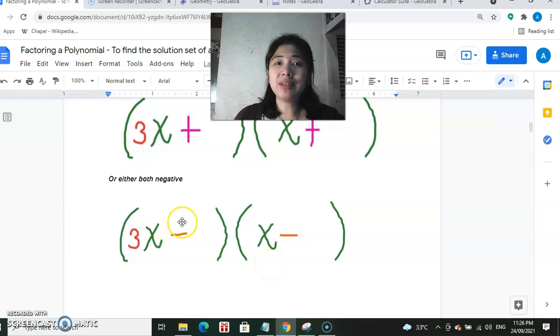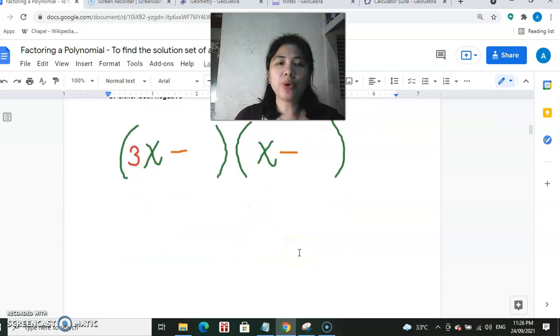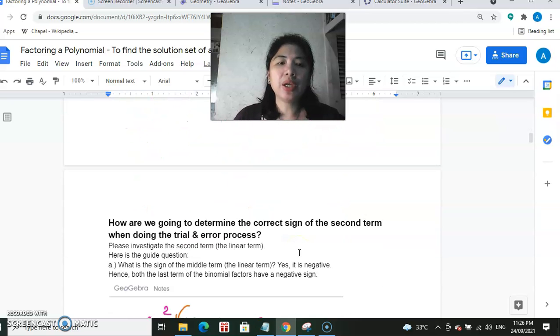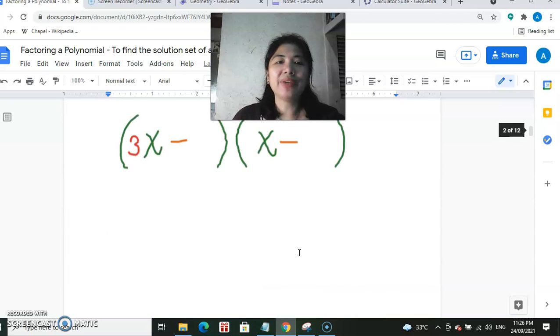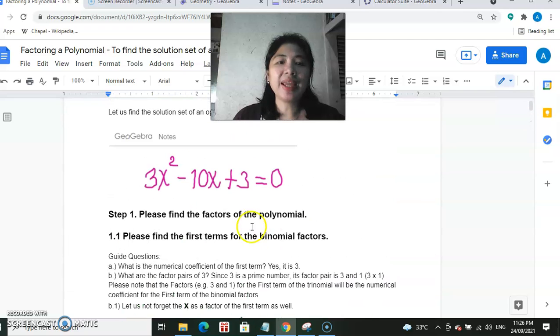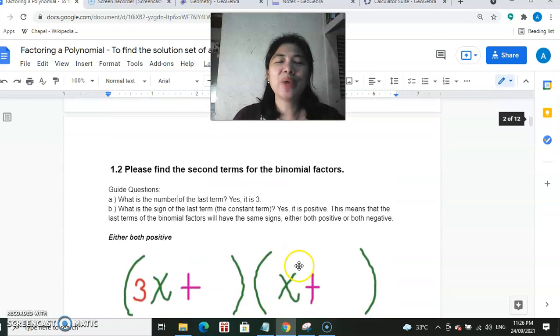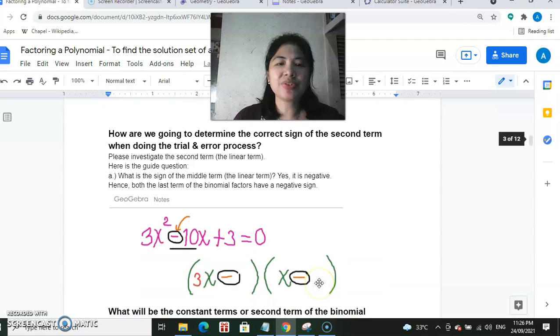Our guide question will be: what is the sign of the middle term, or the linear term? It's negative. We have negative 10. Since we have a negative sign for the middle term, the sign of the numbers in the second terms will be negative.